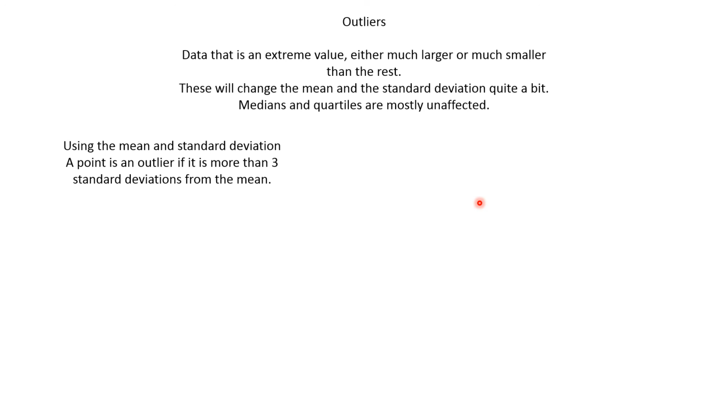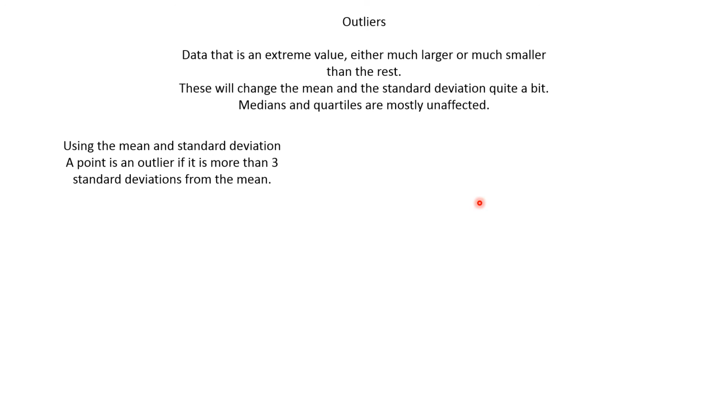So, times 3 is going to be 4.2. And the mean was 14.8. So, plus 4.2, that would be 19. Anyone older than 19 would be an outlier. Minus 4.2 would give us about 10.6. Anyone below 10.6 in our class would be an outlier.